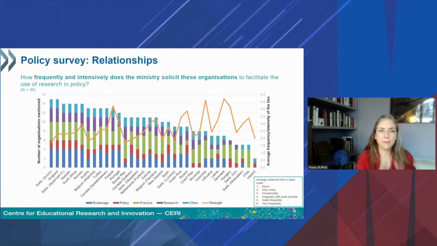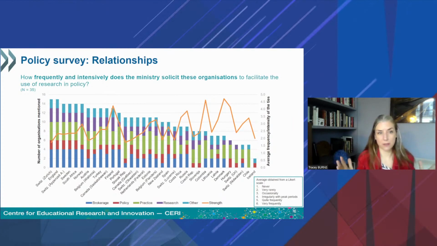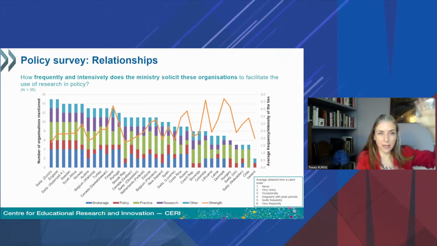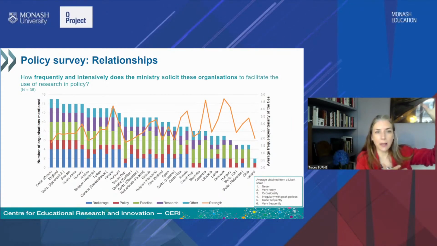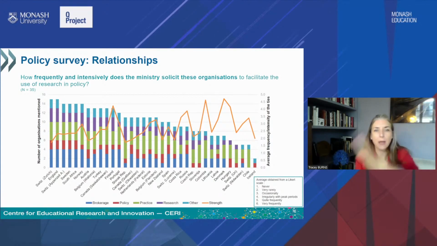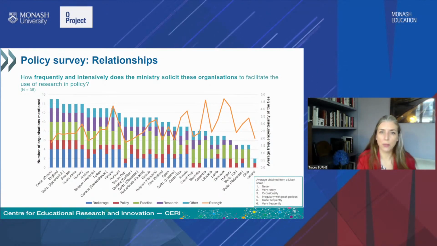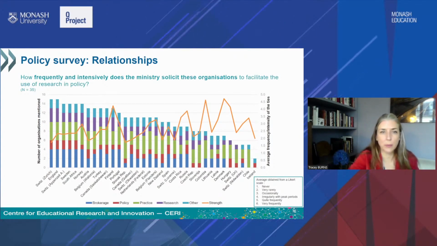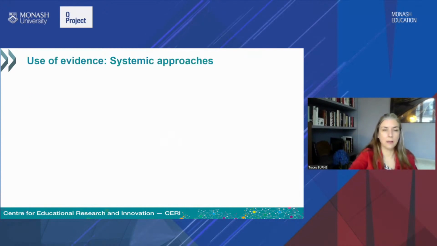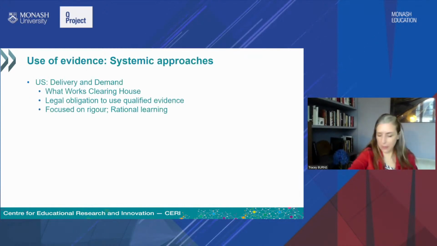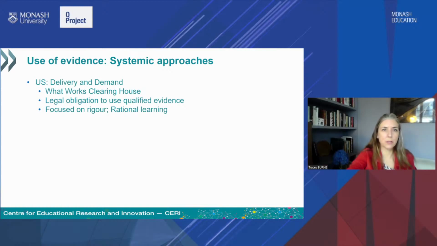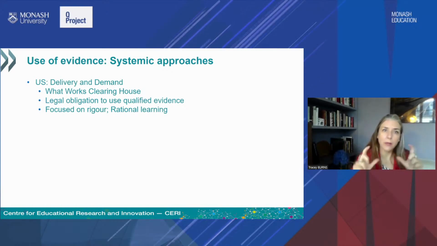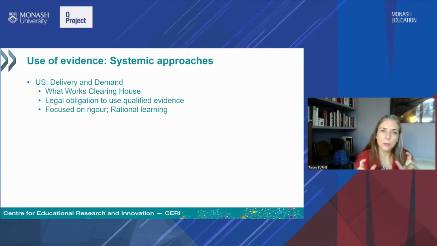Again, it's very varied across countries. Somewhere like a canton in Switzerland is incredibly active with multiple different actors, and then you have much less interaction with other, in Ireland, for example. That's a question for the policymakers there. Do they want to involve people, and how? And what's the best way to do that? I'm running out of time, so I'll go through this quickly just to say, there are very different ways to think about how research is used across systems.